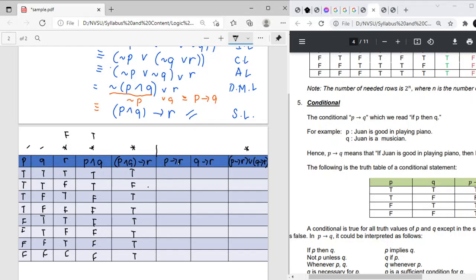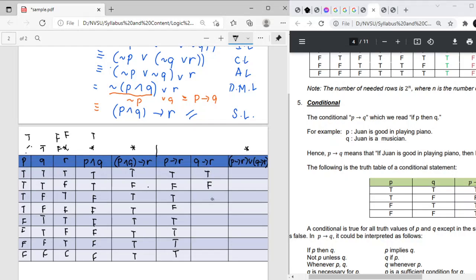Okay, next, P implies R. Again, true dapat, true lahat except for true and false. Okay, so titignan natin yung first and third columns. We have P implies R. So we have true, false, true, false, true, true, true, and true. Next, for Q implies R, again, true and then false. Doon lang nagkakaroon ng false. So we have true, true is true.